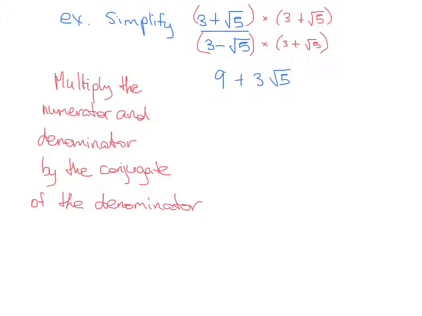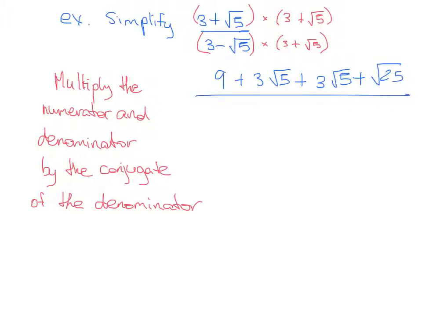Inner, root 5 times 3 gives us plus 3 root 5. And last, root 5 times root 5 gives us plus root 25. All right, so that's the top.